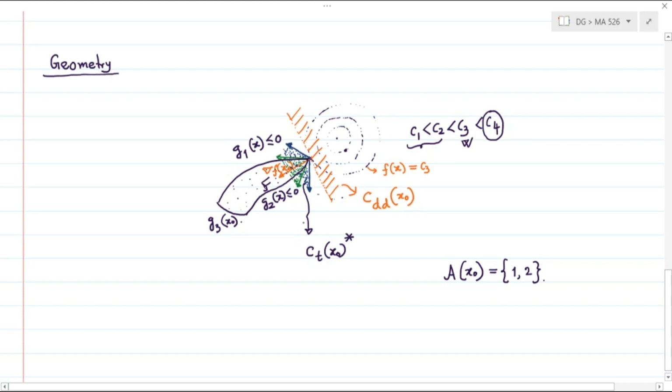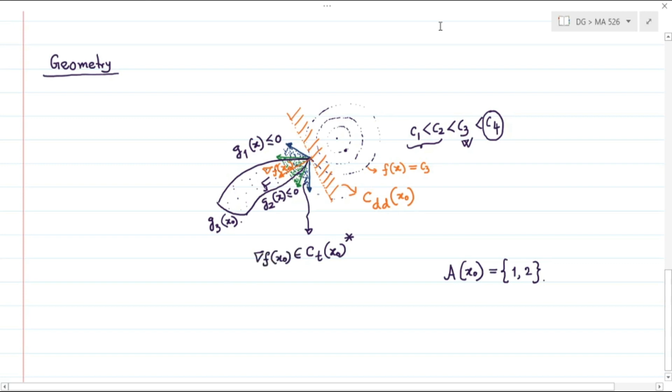Obviously not only in this figure, in every figure that you can draw, this is just one hypothetical figure. Any figure you can try to draw on your own, and you will find that at the optimum point x0, the tangent cone and the cone of descent directions have empty intersection. And now here we note that grad f(x0) belongs to the dual of the tangent cone.